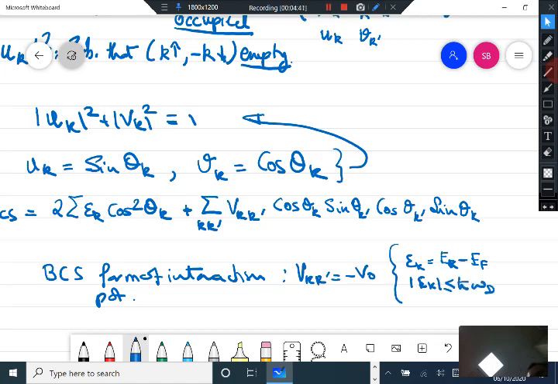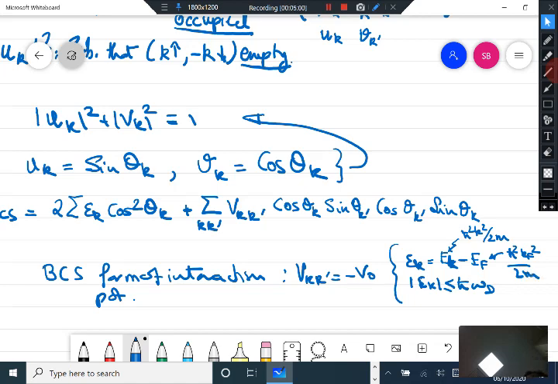Here Ek is h cross square k square by 2m, and the Fermi energy is h cross square kf square by 2m.